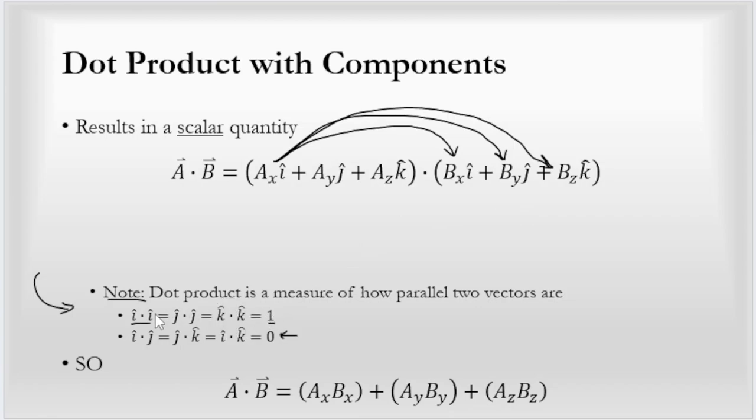The i hat dotted into i hat, the j hat dotted into j hat, and the k hat dotted into k hat. And so ax times bx times i hat dotted into i hat, which I know is 1. This is 1. So that's why this turns into a scalar. So it's times 1 here, times 1 here, times 1 here.